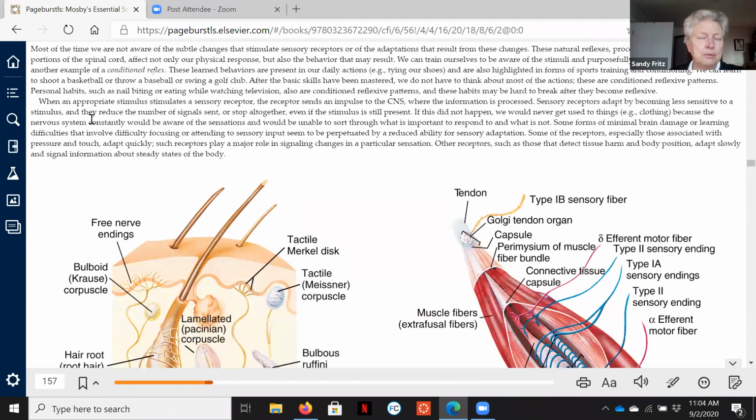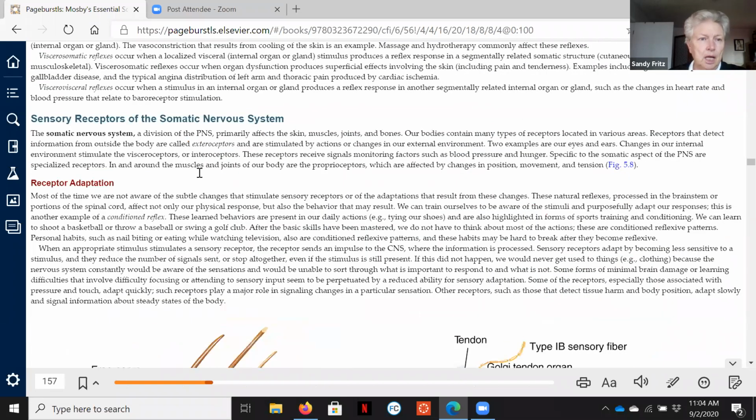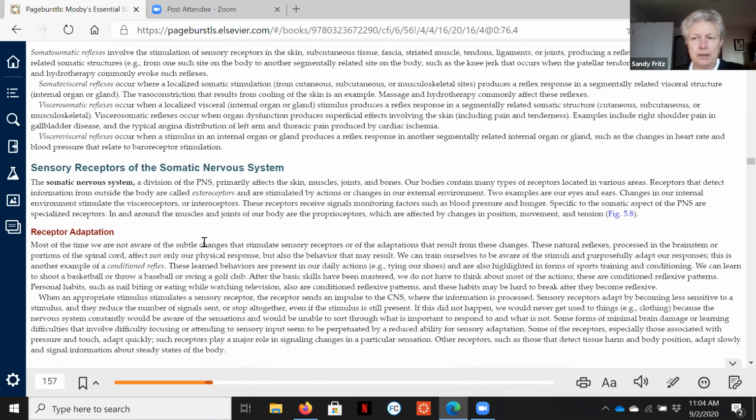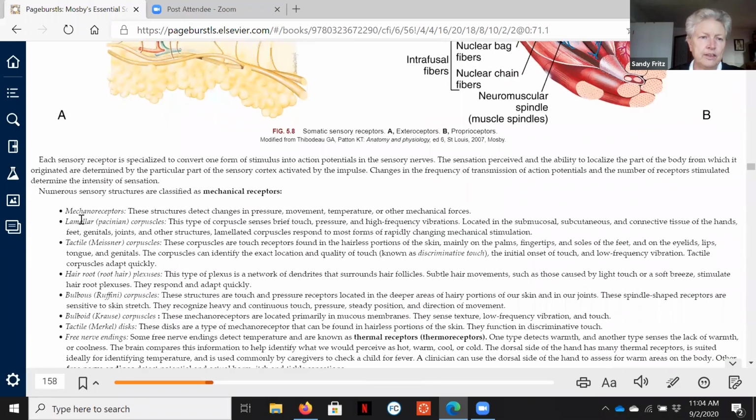So then we get into our listening stations. These are actual parts of the nervous system that are picking up information from the outside world as well as what's going on. And each of them is picking up a particular type of information. And that's described through here, like the mechanoreceptors.